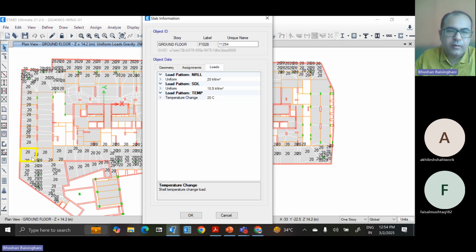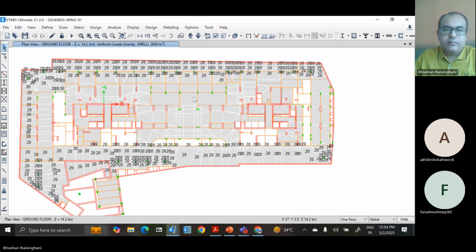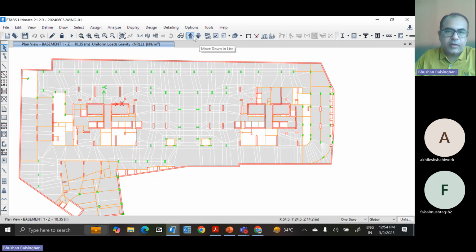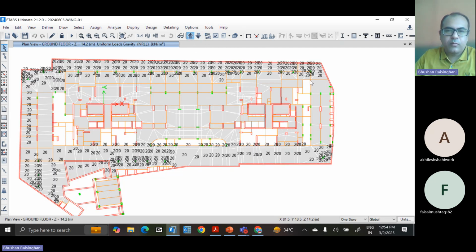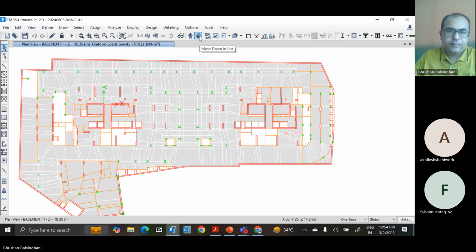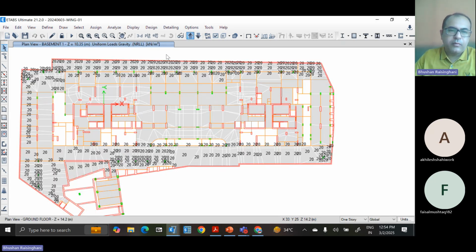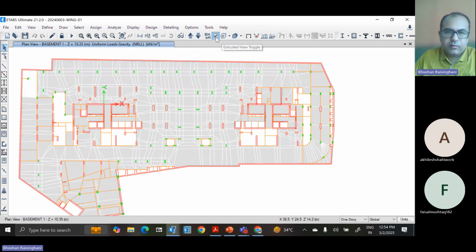So all loads are applied onto the floor. So tower area, non-tower area, the loads are given that way. So this is on the podium top. Below the podium, there is no such load.